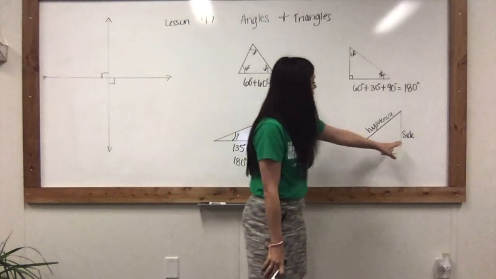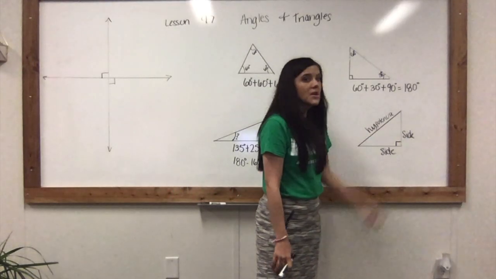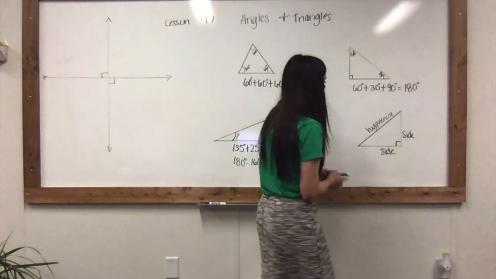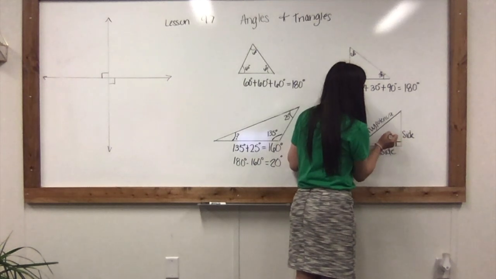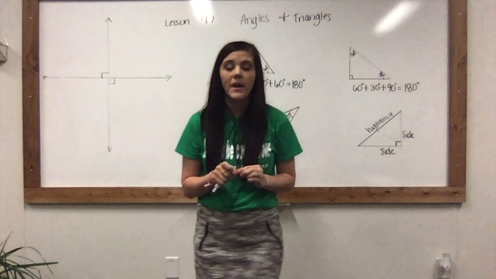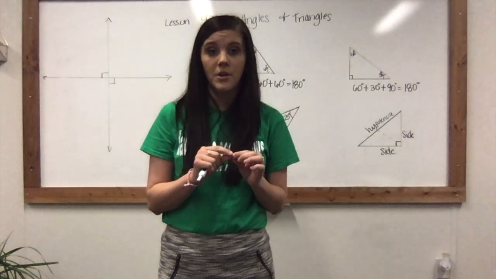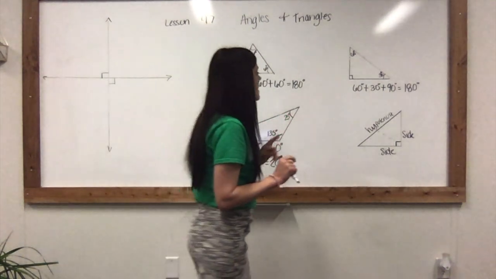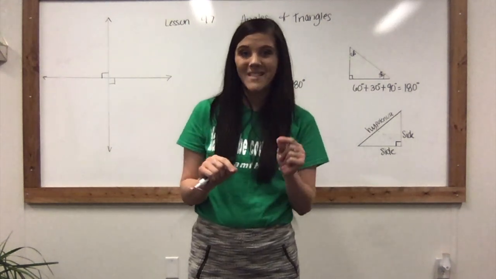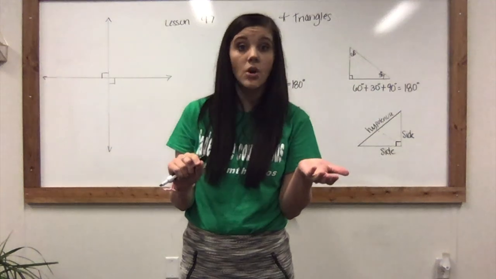They share a right angle on the inside, okay? Directly across from wherever the right angle is, we have the longest side of the right triangle. This is called the hypotenuse, okay? So let's look at how we would solve for missing sides or solve for the hypotenuse.